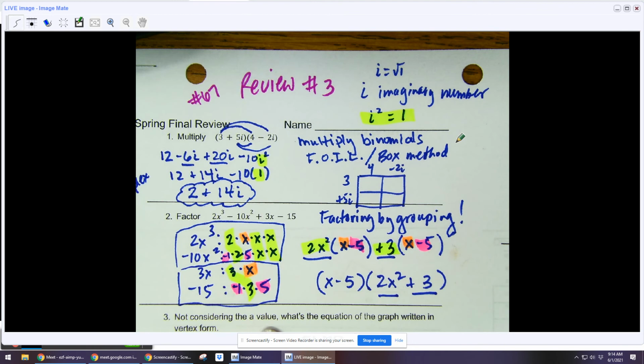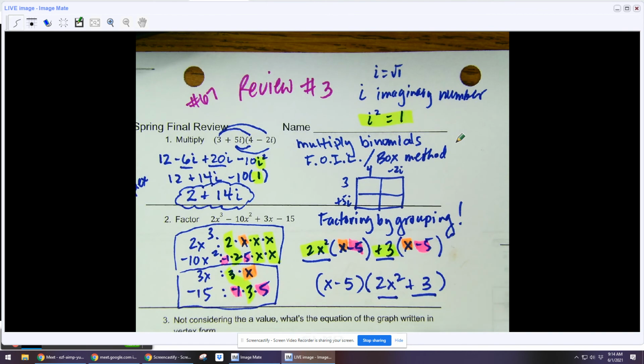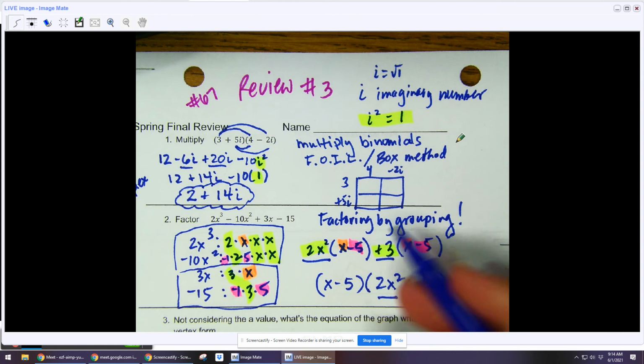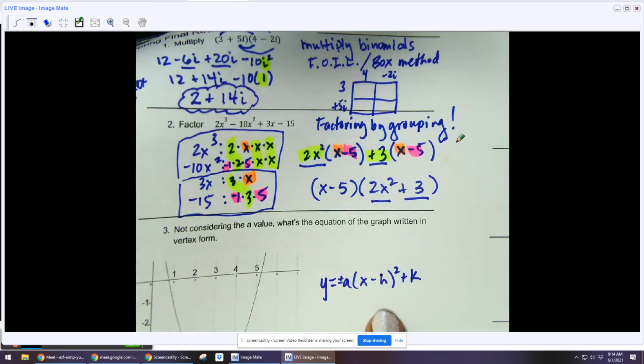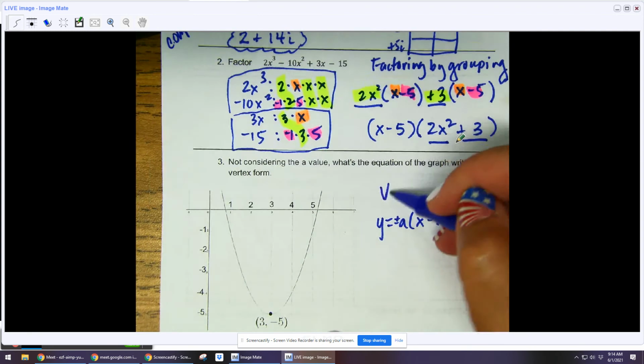Not considering the a value, what's the equation of the graph written in vertex form? Okay, here's our vertex formula for this next one.